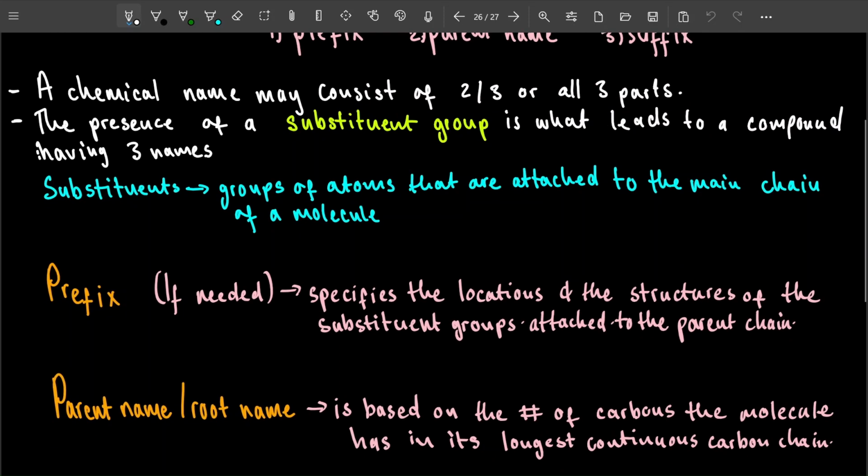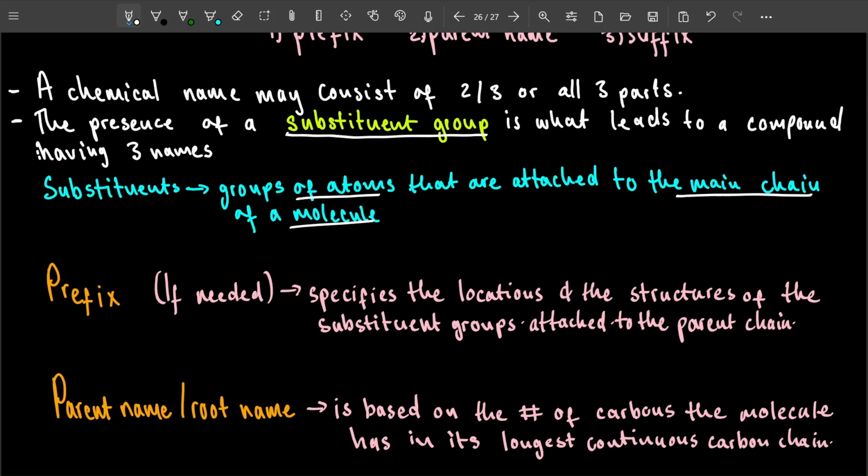Now, like we said, prefix is going to be determined by whether you have a substituent group or not. A substituent is when you put some atoms attached to the main chain of your molecule. You have a main chain, which is the longest continuous chain.